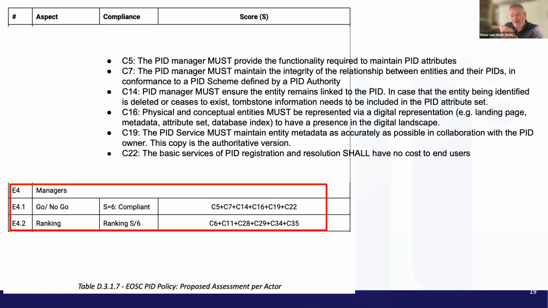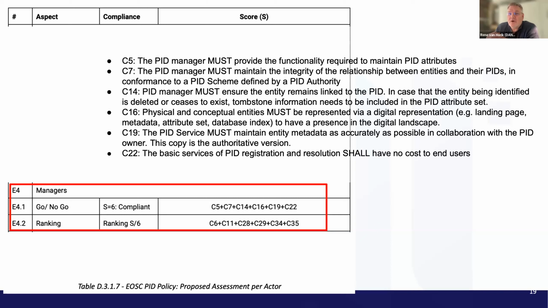But DANS is a PID manager where I work, so it means that we have to comply to these 6 criteria in order to be compliant with the EOSC PID policy.